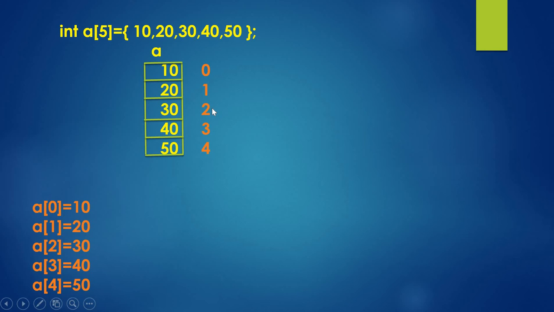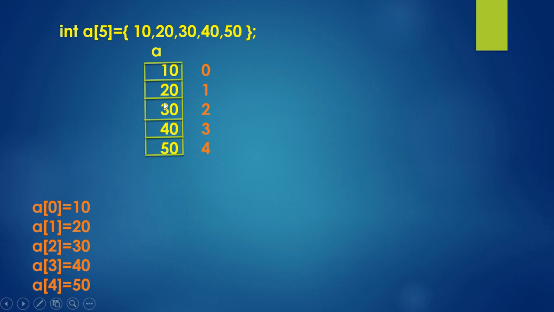Okay. Then what is the data type of the subscript? The data type of the subscript or index should be integer, int. If it is a character array or double array or anything, the subscript should be an integer value.